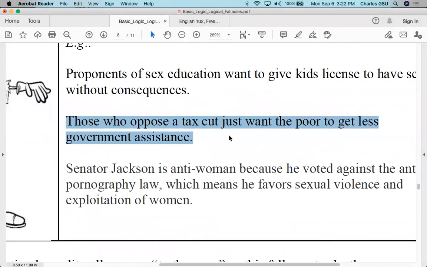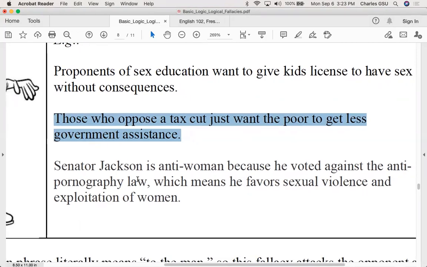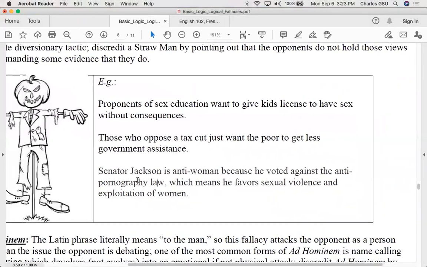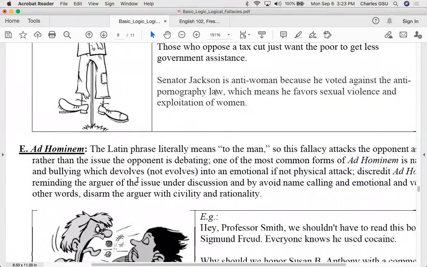What they're saying in this distorted argument is that, oh, well, if you increase taxes, then the poor are going to get less because it's going to go to other programs like Department of Defense or education or other programs, and not directly to the poor, like Medicaid or Medicare, perhaps. So it's really a kind of, again, distorted argument. We need to detect it, ferret it out, and not accept it.